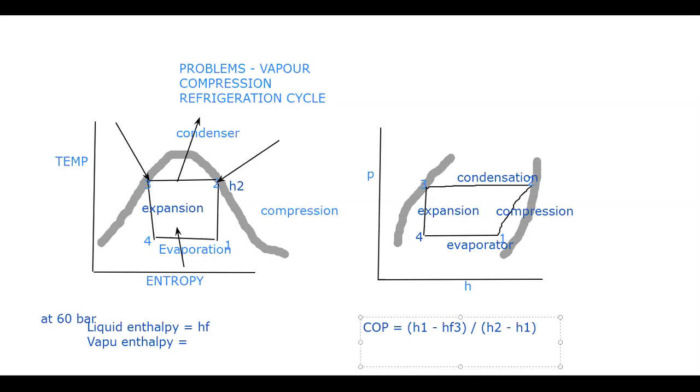See, 1 ton of refrigeration is equal to 3.5 kilojoules per second.